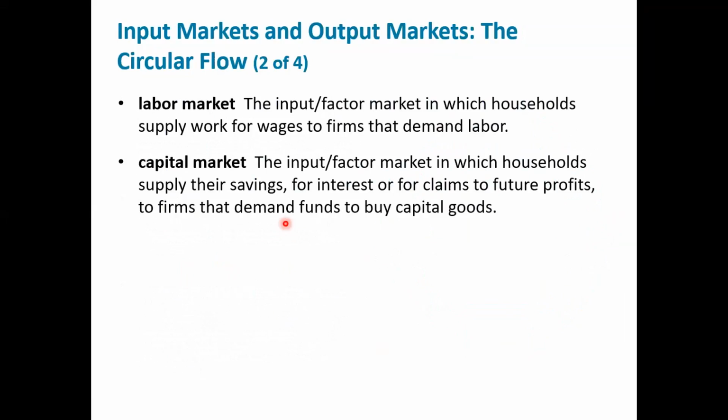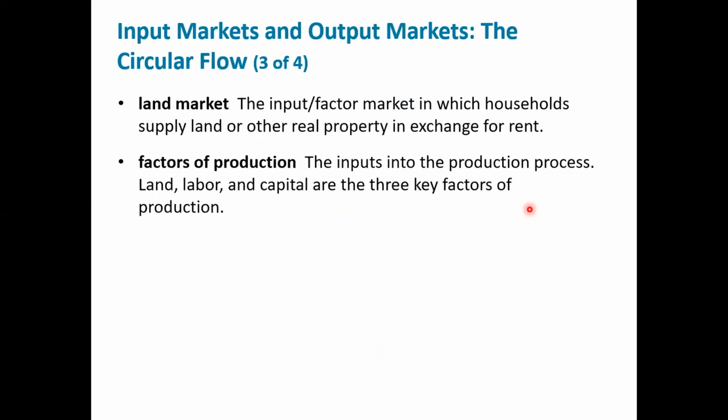And generally, firms use that cash to buy capital goods, but the capital markets are not tools being purchased directly. So yes, there's a little sleight of hand here. Acknowledged. Real estate or land, natural resources is also a market, and hence we have our three key factors of production: land, labor, and capital.